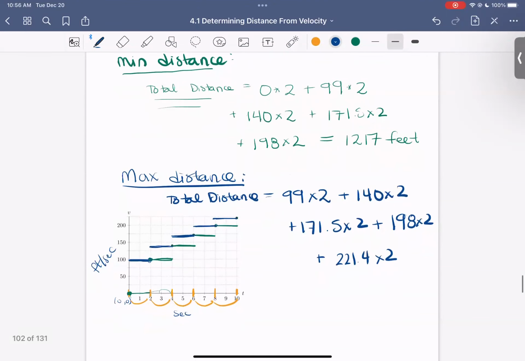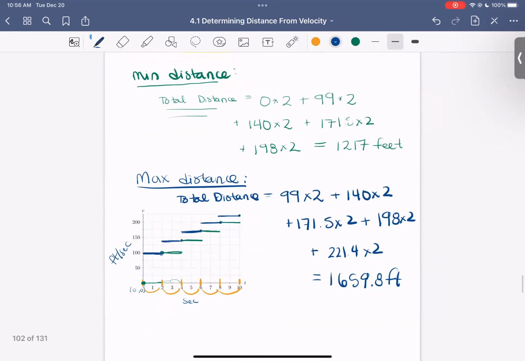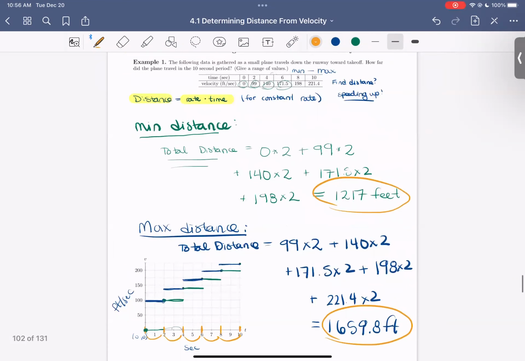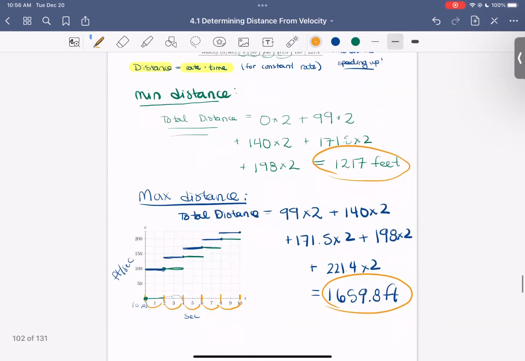If we calculate that total, we get about 1,659.8 feet. So now we have estimates for the minimum distance traveled and the maximum distance traveled. So we have a solution to this question: how far did the plane travel in the 10-second period, giving this range of values?